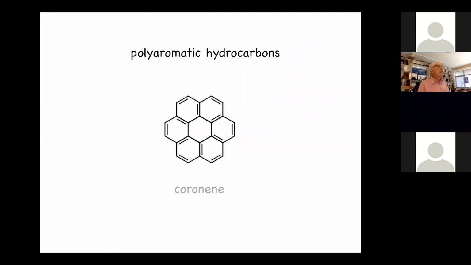Now, one of the candidates which were touted for a long time, and San Kwok is in the audience, so he can talk at length about these things, but PAHs, polyaromatic hydrocarbons based on benzene rings, these were assumed to be giving the infrared bands, which one could see for a number of heavily reddened objects.